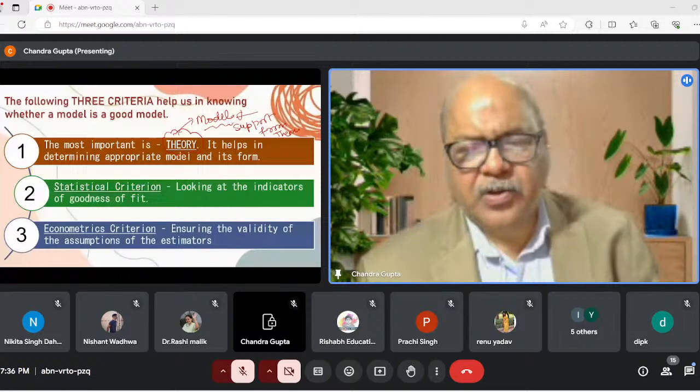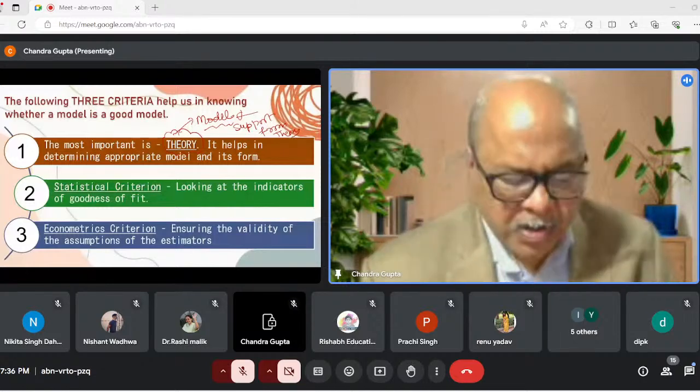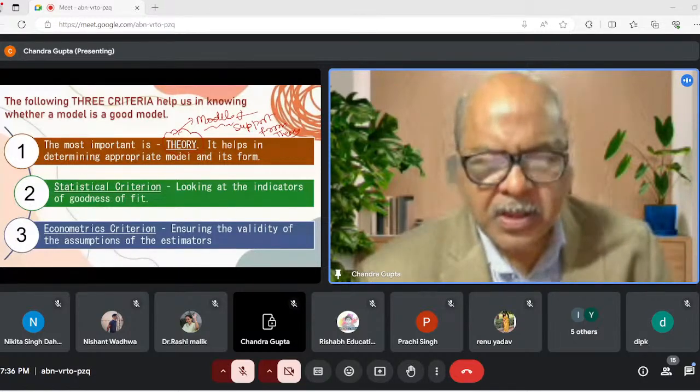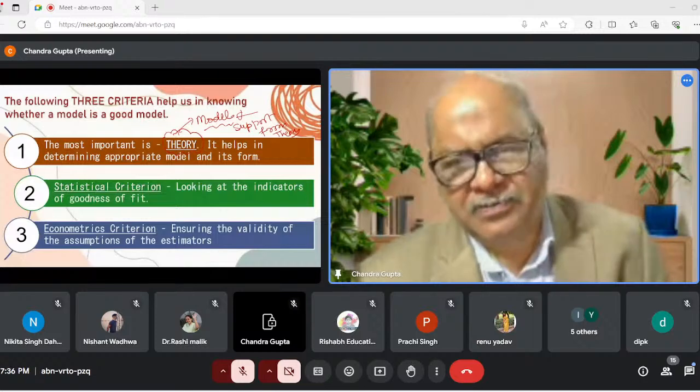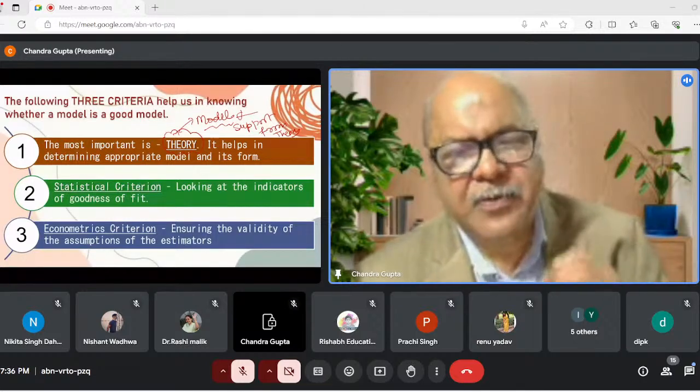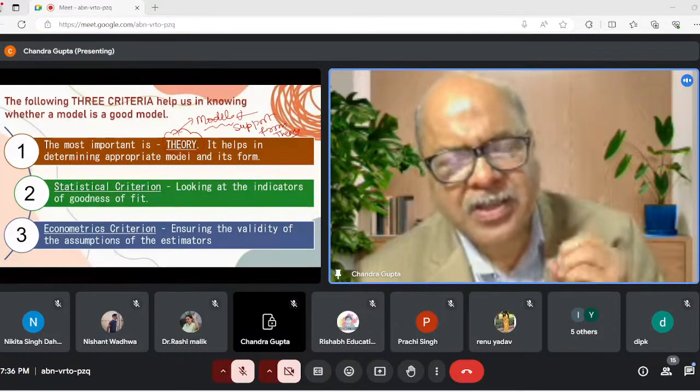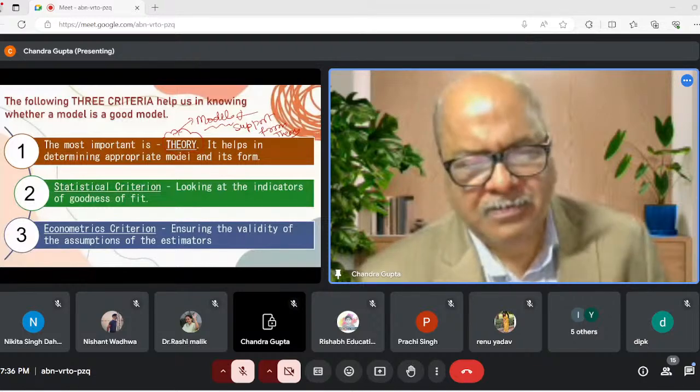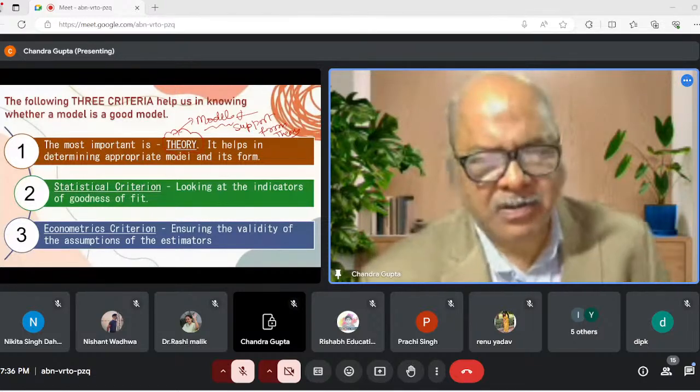So when I say theory, I am referring to support from the literature. You must have a reason why I'm making this particular model. You must have a reason for it.